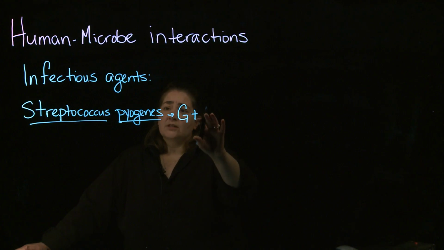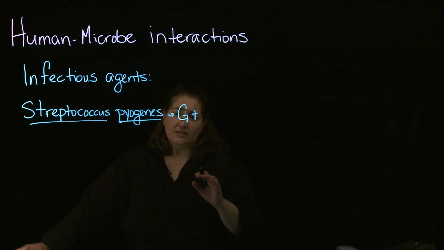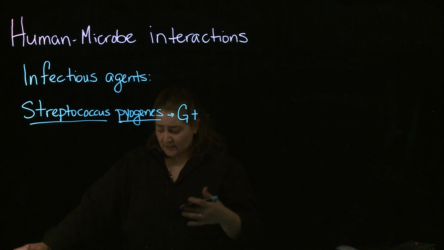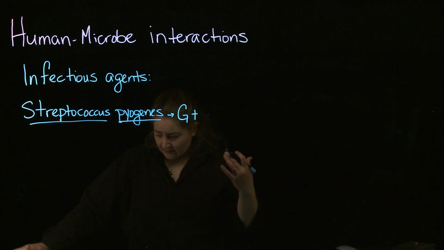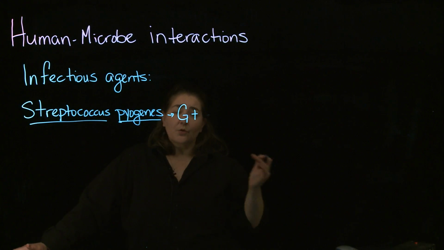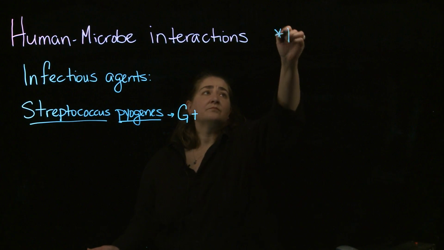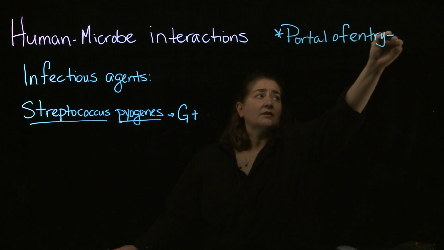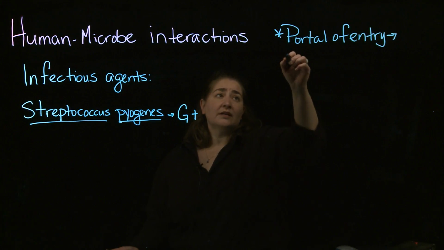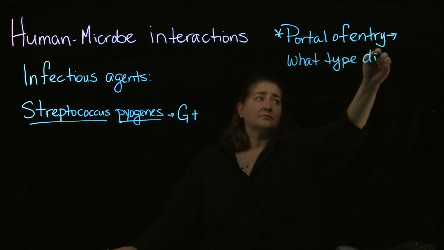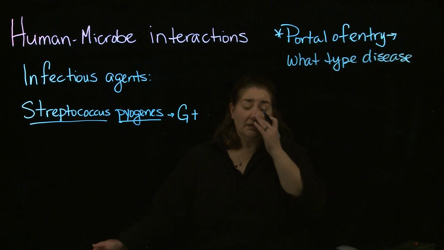But if strep pyogenes enters via the skin, it actually causes necrotizing fasciitis. So in terms of bacteria, the portal of entry can be really important as far as what type of disease is caused by the particular bacteria.